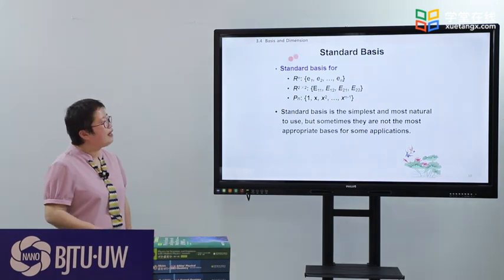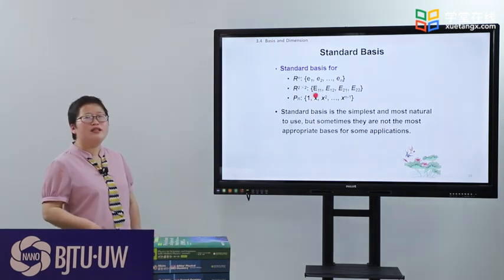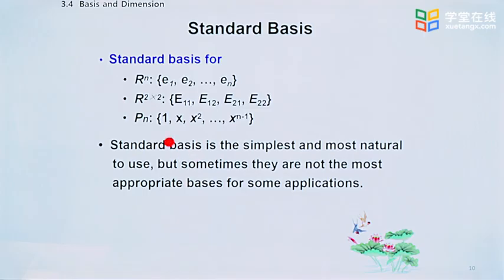We can find many places using the standard basis, for example for Rn, many times you use this standard basis. However, in some applications you may find it's better to use other bases, which can give you simpler analysis.